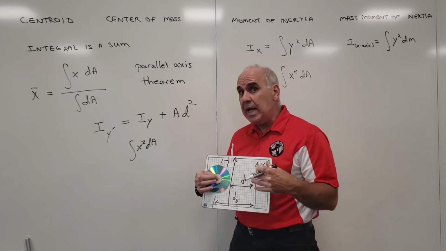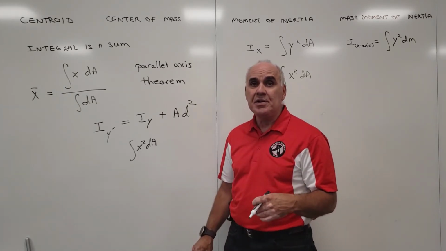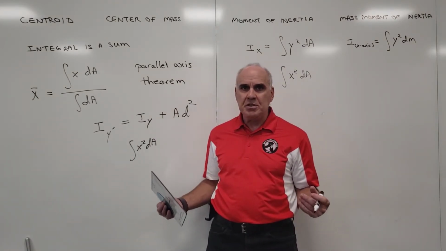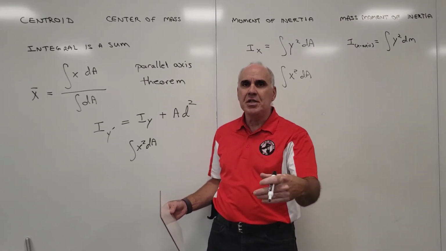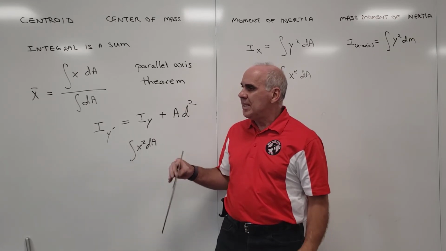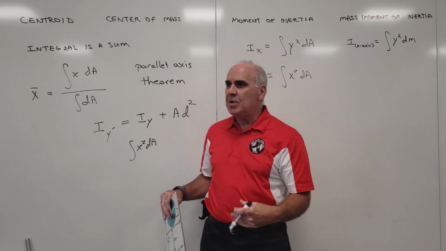So not all of them have the same distance from that axis; the centroids might not all be the same. We've done problems similar to this when we talked about centroids, and again I keep saying centroids, I mean moment of inertia. The moment of inertia problems are very similar to what we did in the past with centroids.